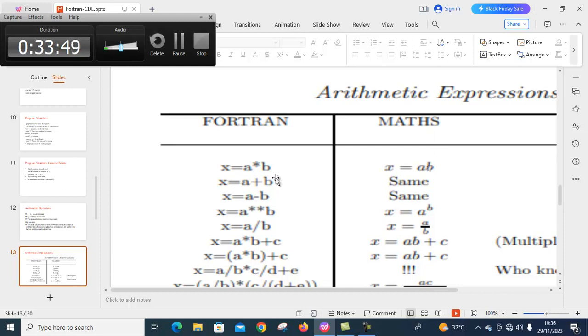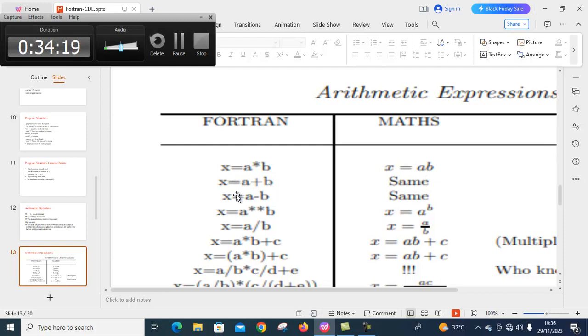You will notice that x = a * b, where the asterisk means you multiply a times b. That means, let's say a is 2, b is 3. That will give you 6. Here in math, you see the way it has been written.